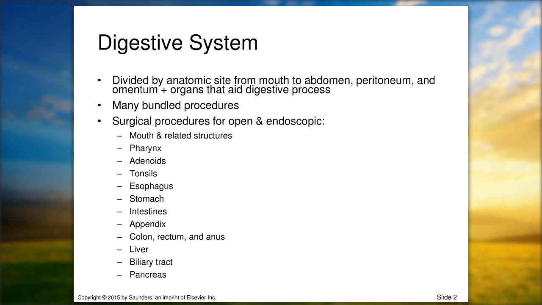You'll notice the digestive system is divided by anatomic site from the mouth to the abdomen, peritoneum, and omentum, plus the organs that aid the digestive process. Your subsection will include the codes 40490 through 49999. So again, according to anatomical site, beginning with the lips and ending with the abdomen, peritoneum, and omentum is how you will find that these digestive codes are divided.